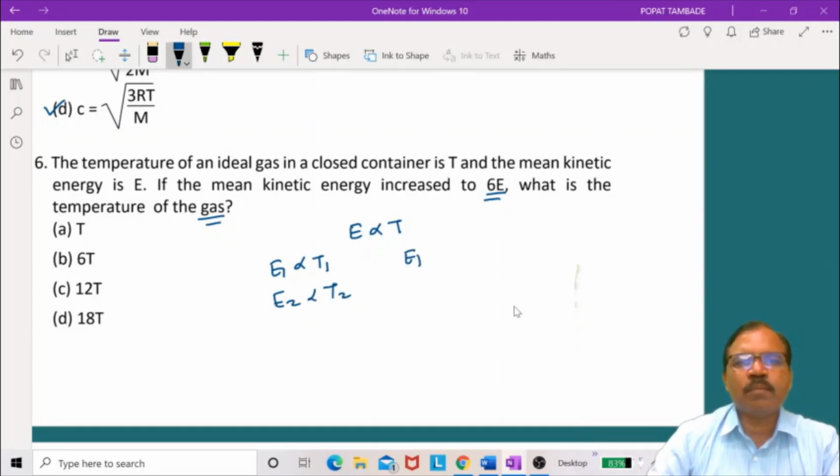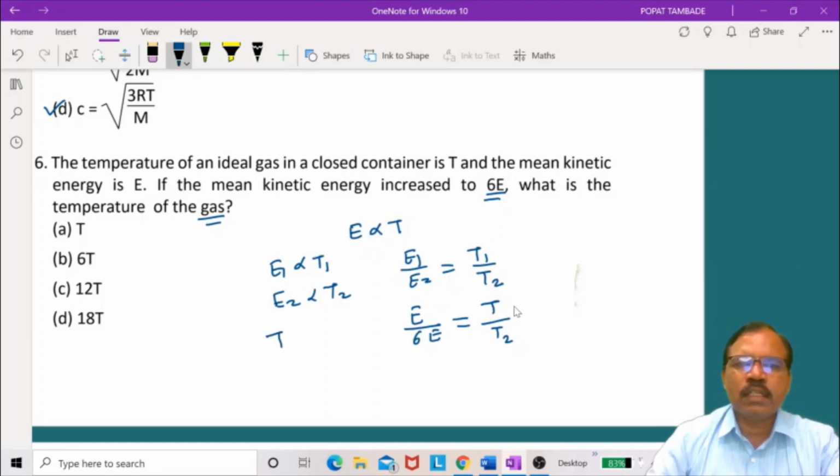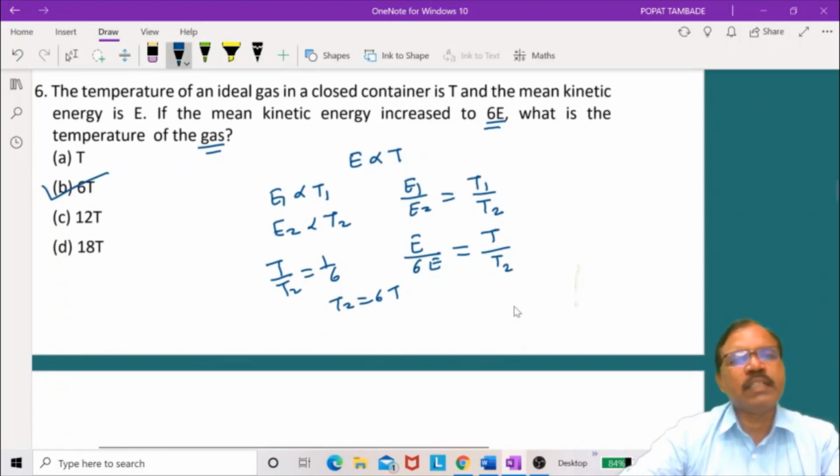So E1 upon E2 is equal to T1 upon T2. So E1 is E, E2 is 6 times E, T1 is T, we have to find T2. So T upon T2 is 1 by 6. So T2 is equal to 6T. So temperature also becomes 6 times. So second one is correct, 6T.